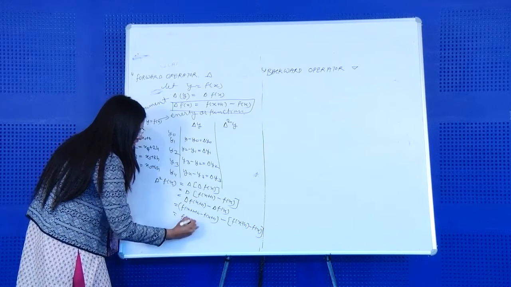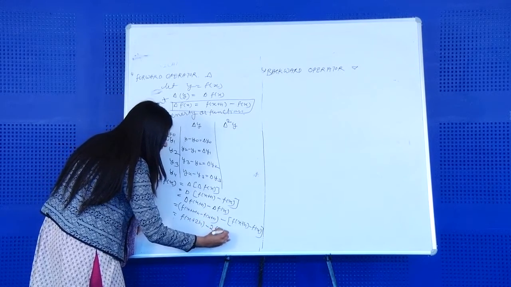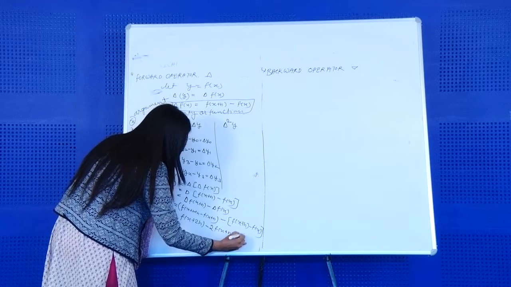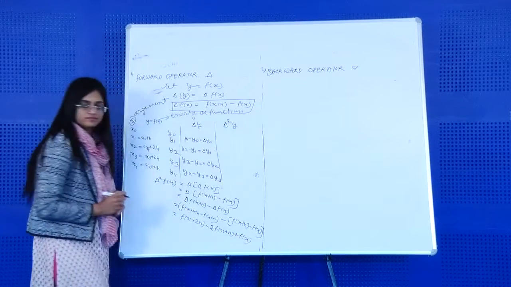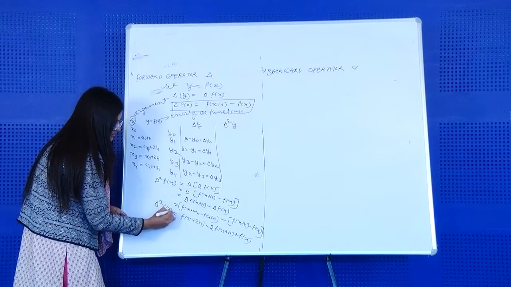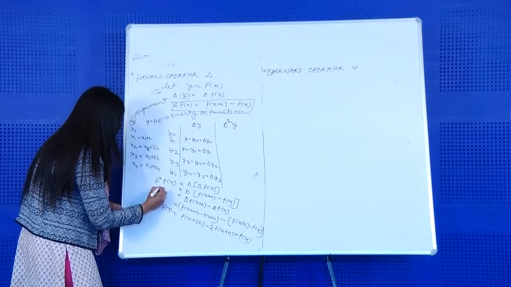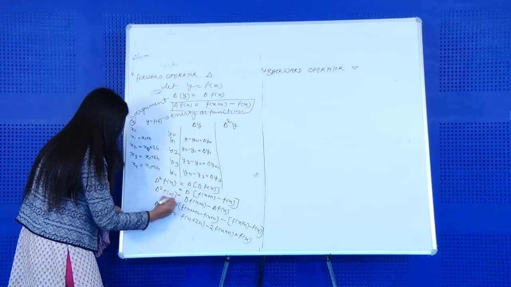This is f of x plus 2h minus twice f of x plus h plus f of x. This is my delta square f of x.